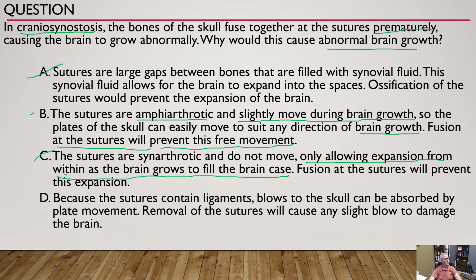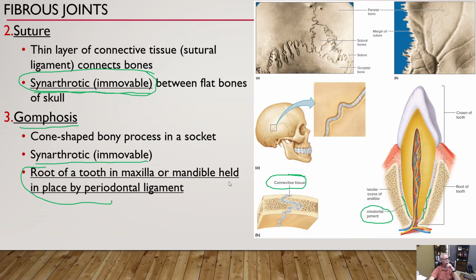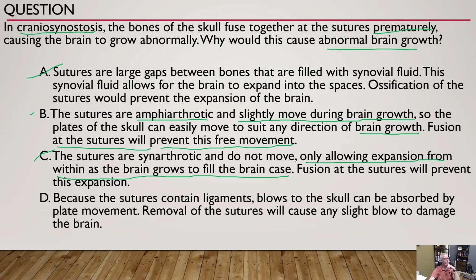I'm not sure. All right, so because the sutures contain ligaments, do sutures contain ligaments? Okay, so sutural ligaments, yes, it's a type of connective tissue. So because the sutures contain ligaments, yes, blows to the skull can be absorbed by plate movement.